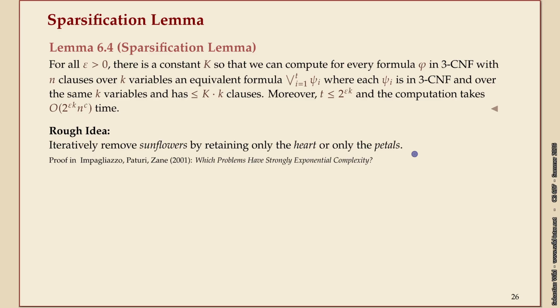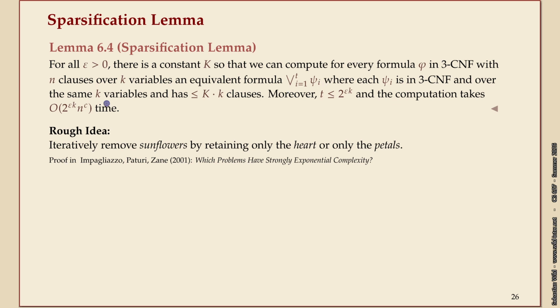But I want to explain a bit what it does. And in a way, it's rewriting a certain 3-sat formula so that the number of variables and the number of clauses are similar. Formally, it says for every parameter epsilon that you give me, there's some constant that I tell you, so that I can take your 3-sat formula phi with n clauses and k variables, and I can give you an equivalent formula, so it's logically equivalent, which is a big disjunction of many smaller 3-sat formulas.